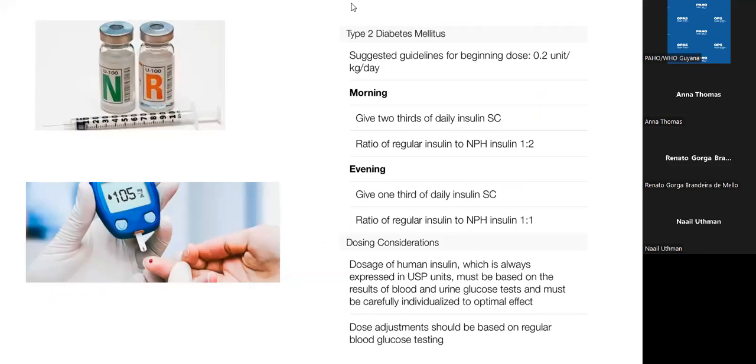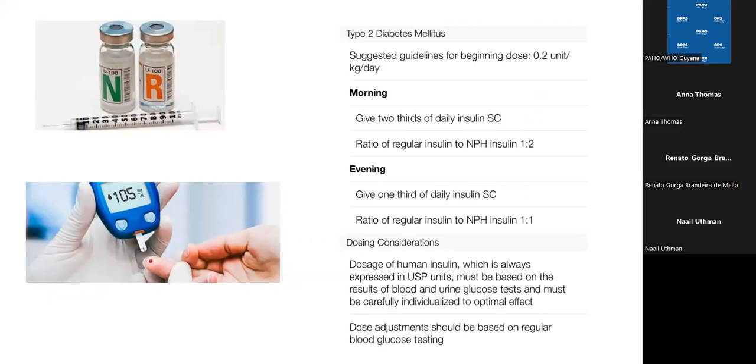Here are some tips for insulin prescription. The suggested guideline for the beginning dose is 0.2 units per kilogram a day. For vulnerable patients, 0.1 unit per kilogram per day may be a safer choice.